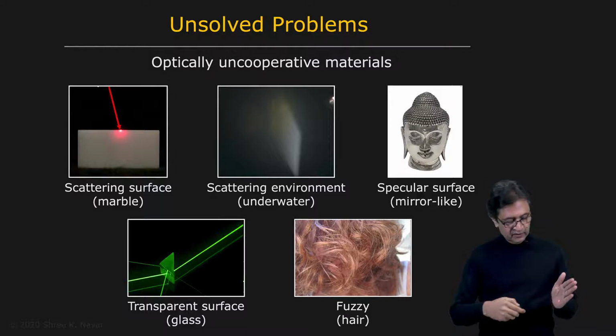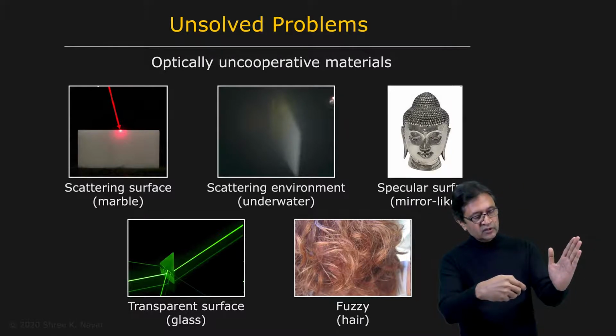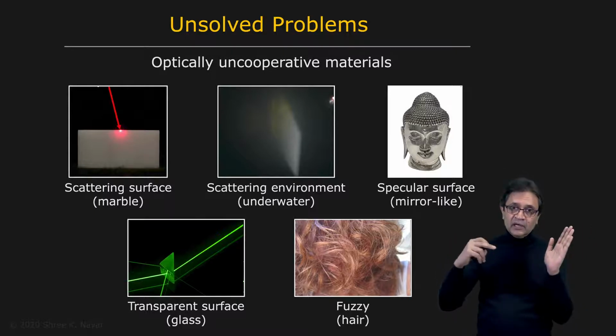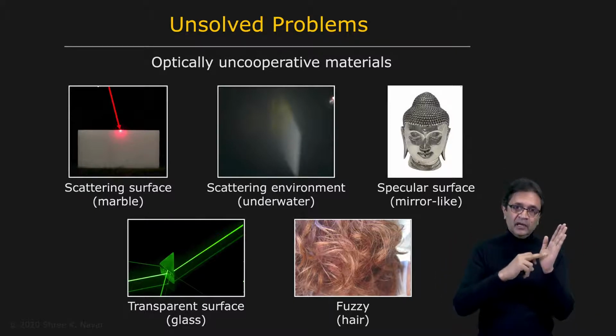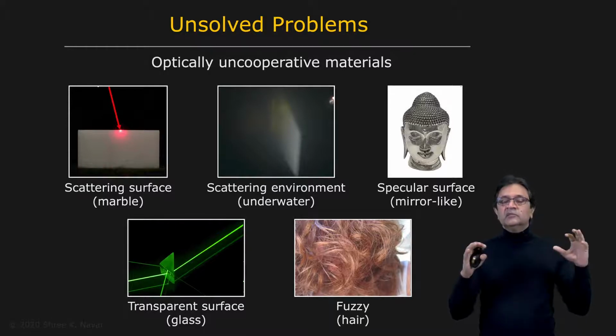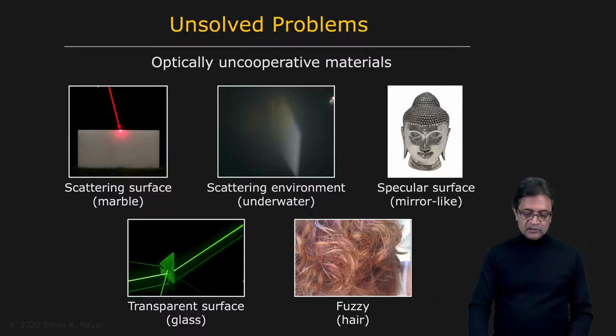But when you have something like skin, if you shine a point of light on skin, the point appears actually bigger. That's because light enters one point and re-emerges, because of the translucency of skin, at a neighboring point. So these are fairly challenging cases.